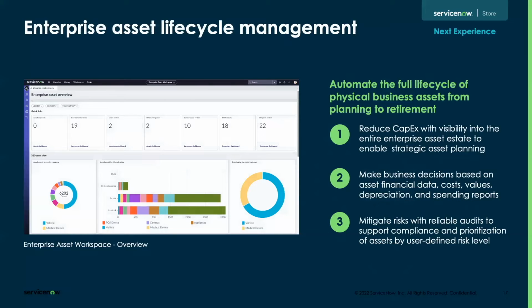Jumping into the first pillar of enterprise asset management, we have lifecycle management. So with lifecycle management, the intention here is to be able to automate the entire business process around planning to retirement. The outcomes around lifecycle management are to get enterprise-wide visibility into your strategic asset planning.